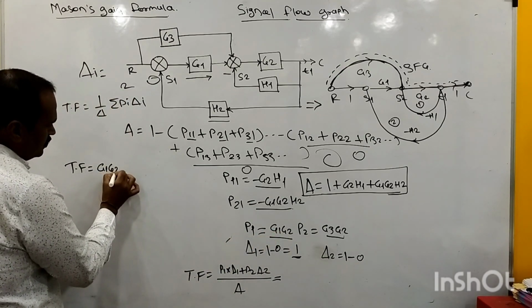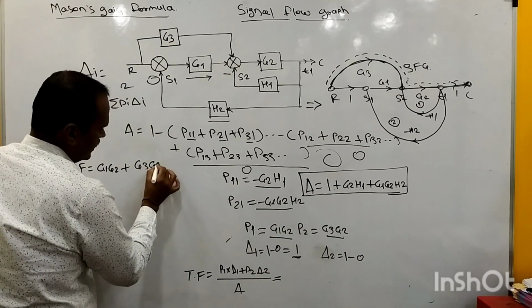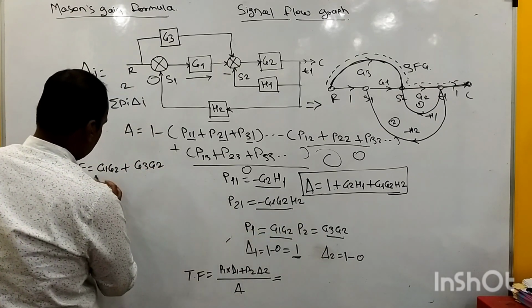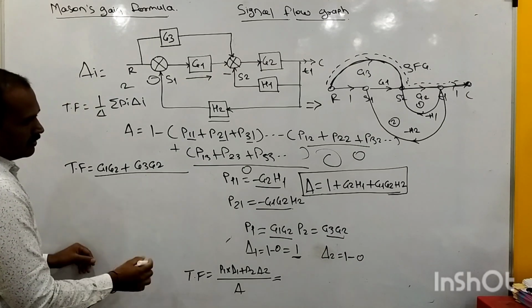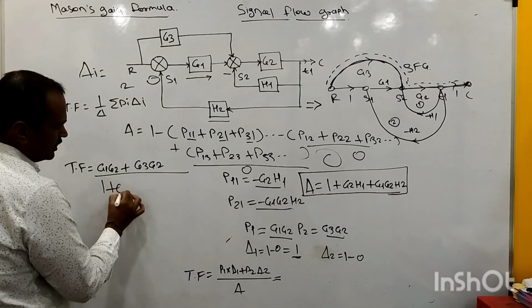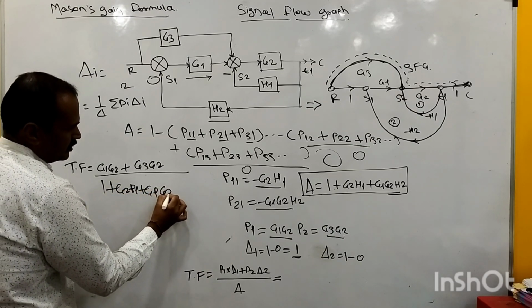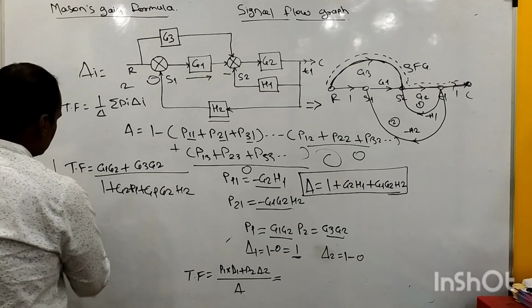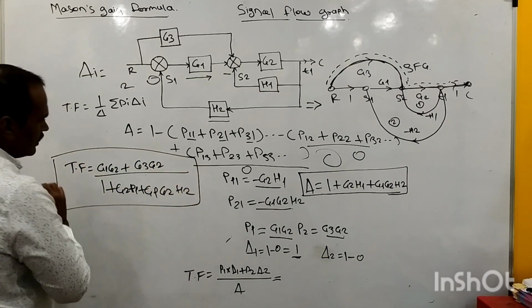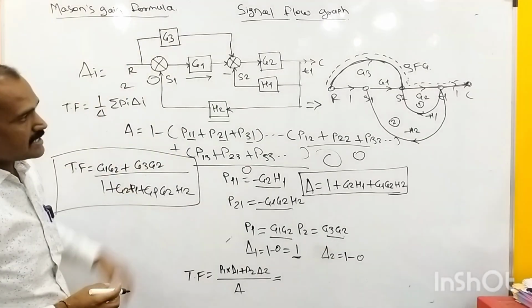So G1 G2 plus P2, which is G3 G2, and delta 2 is again 1. Its denominator will be the system determinant, which is 1 plus G2 times H1 plus G1 into G2 into H2. In this way, this transfer function is tabulated by using Mason's gain formula.